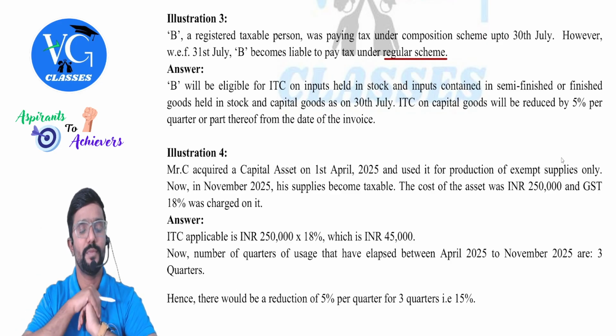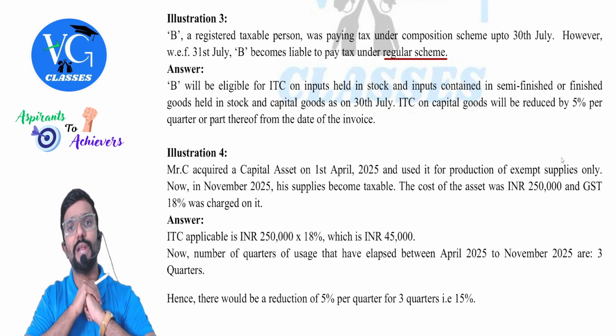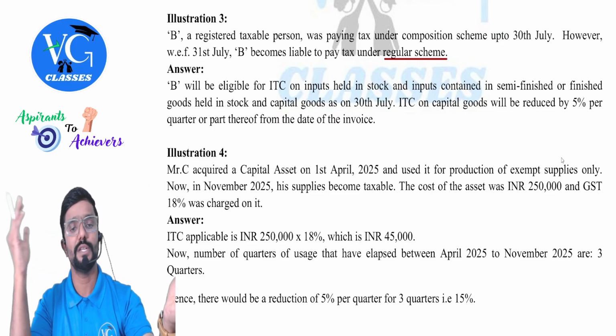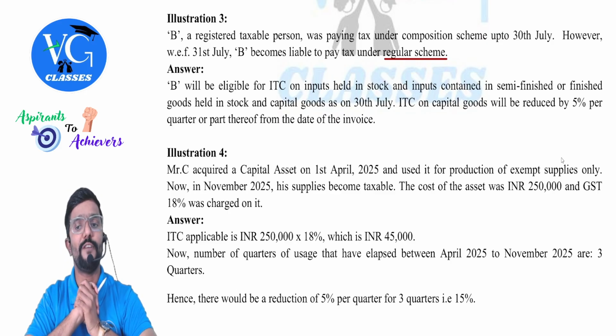Section 9. B will be eligible for ITC on inputs held in stock and inputs contained in semi-finished or finished goods held in stock and capital goods as on 30th July. Because from 31st July, B is transforming from section 10 to section 9, guys. ITC on capital goods will be reduced by 5% per quarter or part of the quarter thereof.